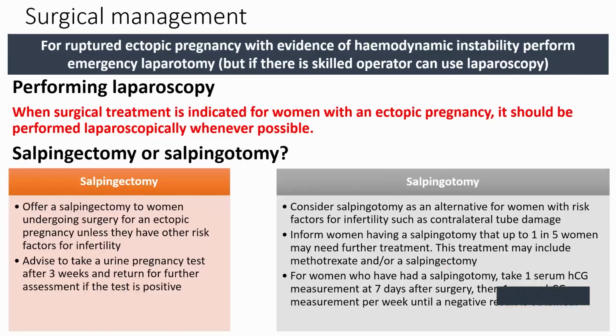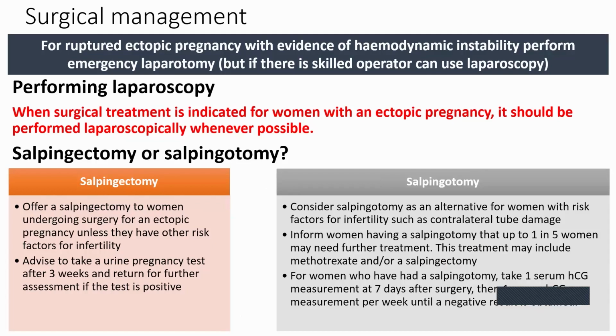So in the surgical management, either for ruptured ectopic pregnancy with hemodynamic instability, or if the patient has an unruptured ectopic but there are indications for surgical management, we can offer the same surgical management. So it can be either a salpingectomy or a salpingotomy.